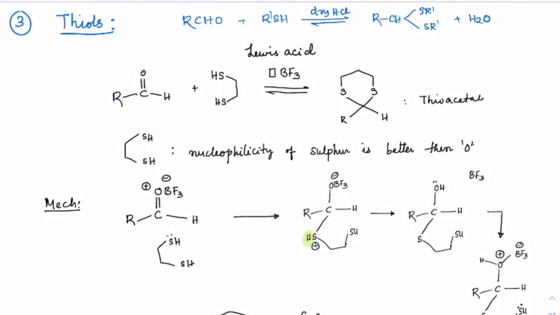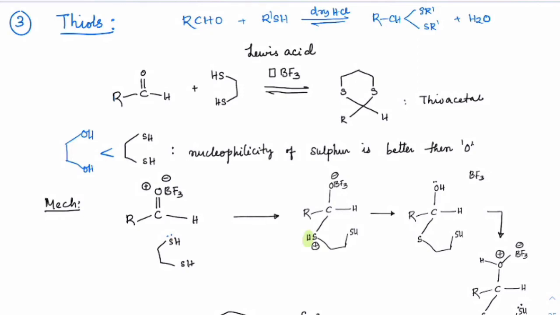This reaction will happen better than with normal diols because the nucleophilicity of SH is better than that of oxygen. So if you compare this with glycol, the nucleophilicity of SH would be better. So dithiol will have a better reaction.